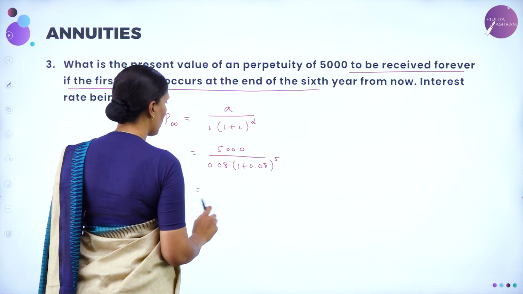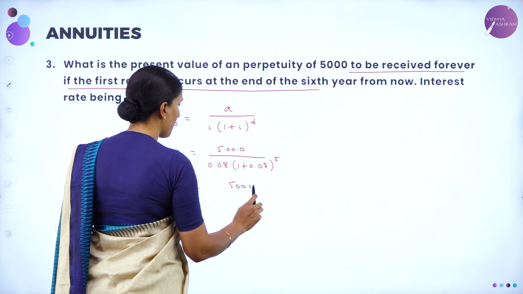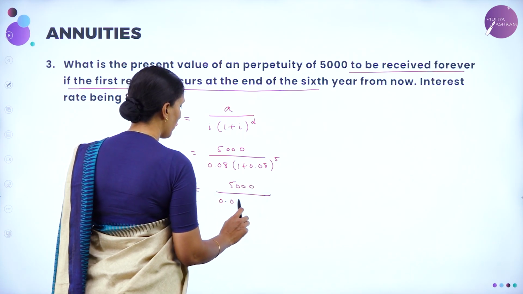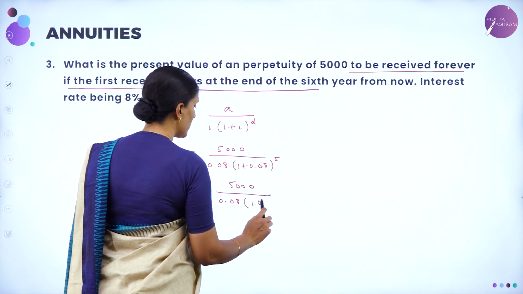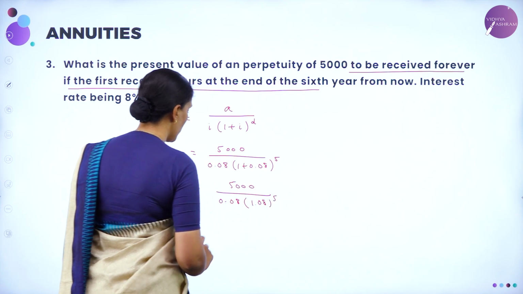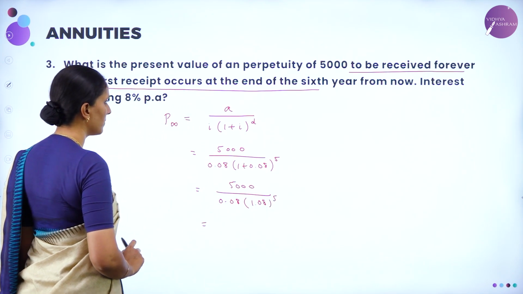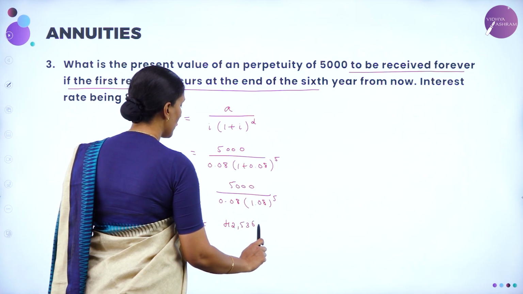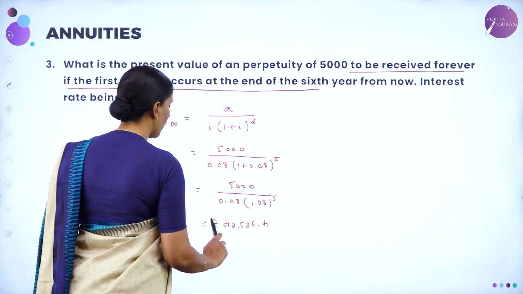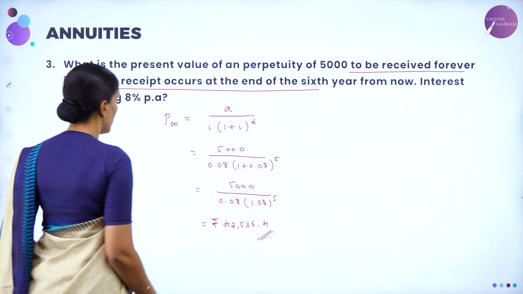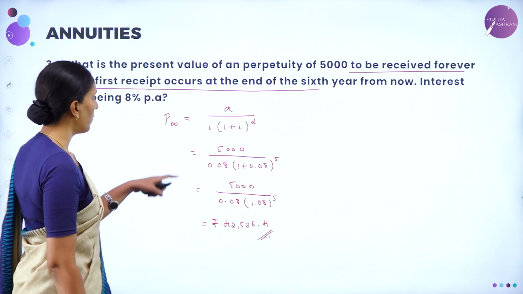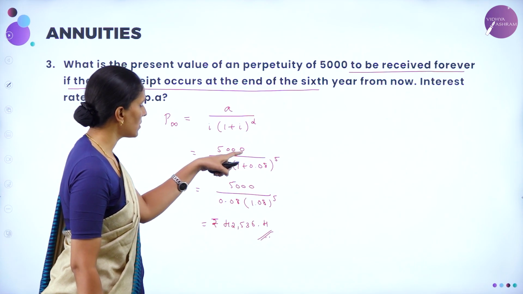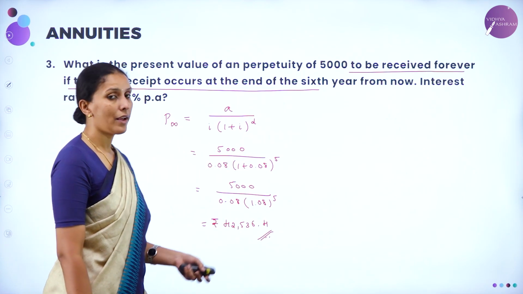So therefore this is equal to 5000 divided by 0.08 into 1.08 whole to the power 5. So dividing these values, I'll get the value 42,536.4 in terms of rupees. So this is the present value of an annuity of 5000 which is received forever.